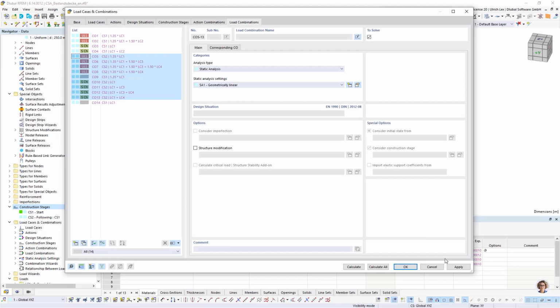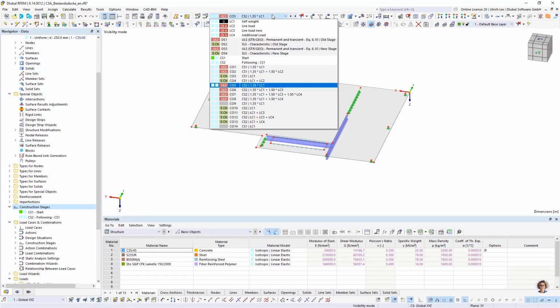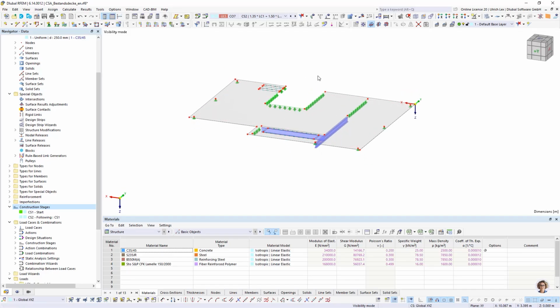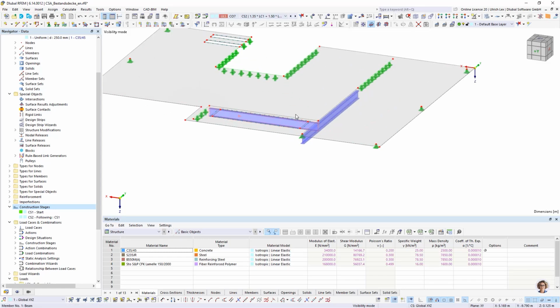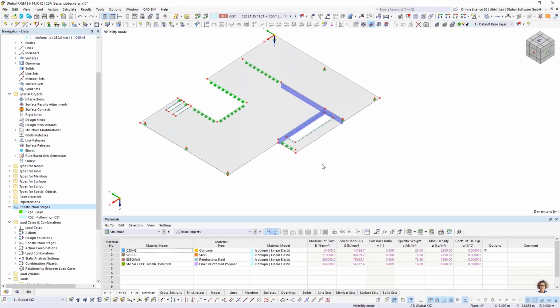Okay, when we continue here with OK, my different combinations are created. You can now also check these combinations graphically. When a stage is considered, the activated objects are displayed.